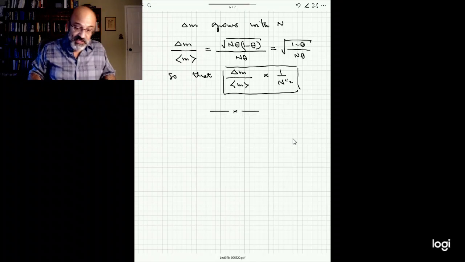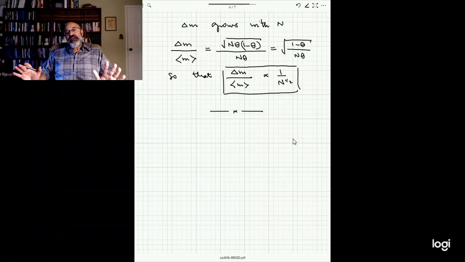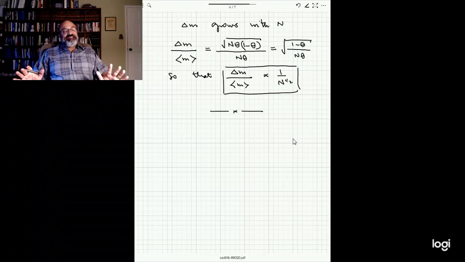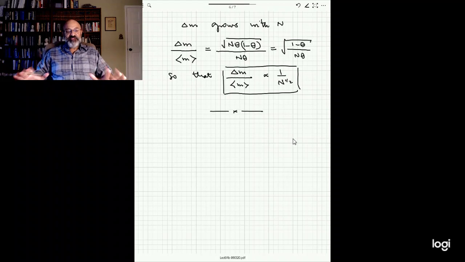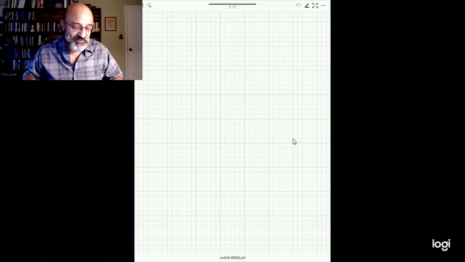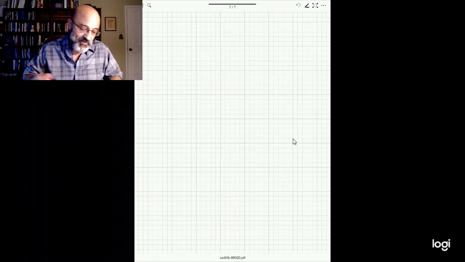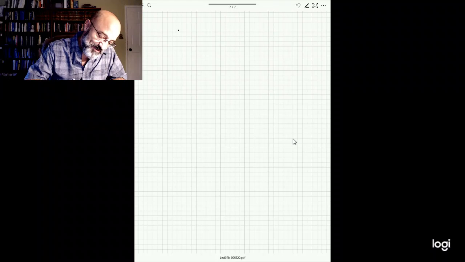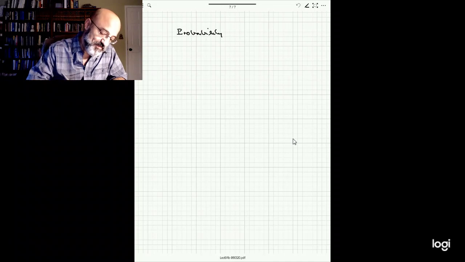What I would like to do next is something important. It's conceptually central to everything that we want to study when we deal with probabilities. We want to compare the notion of probability and frequency.